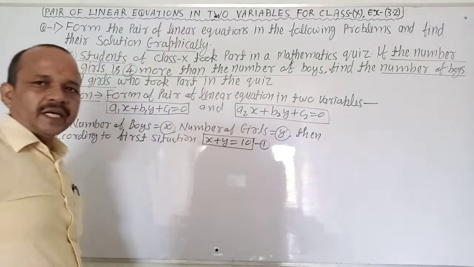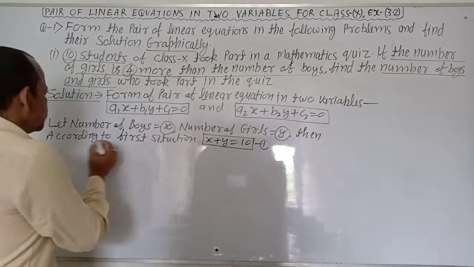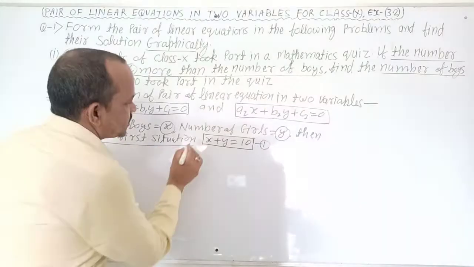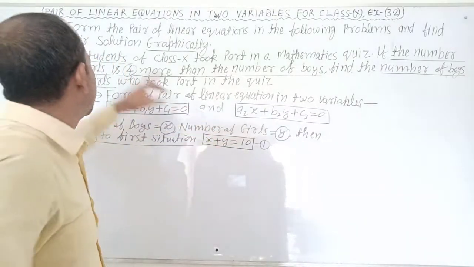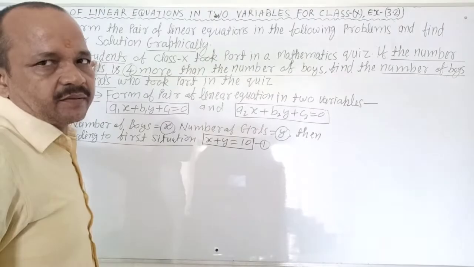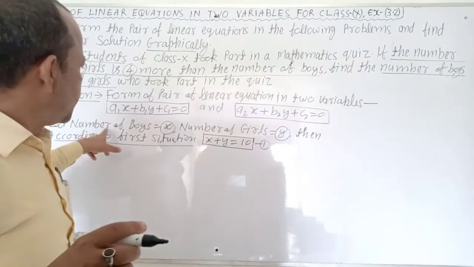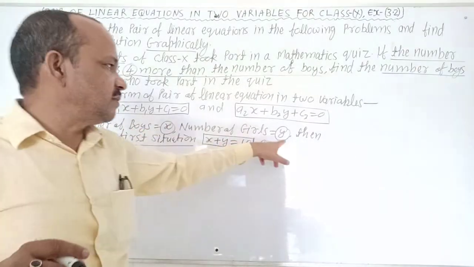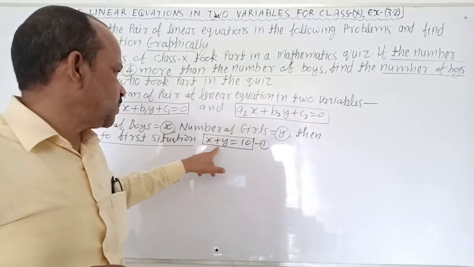Equation according to first situation, x plus y equal to 10. Here total number of students is 10. Let number of boys x, number of girls y, then x plus y equal to 10.